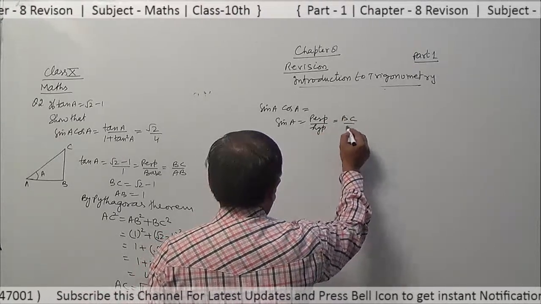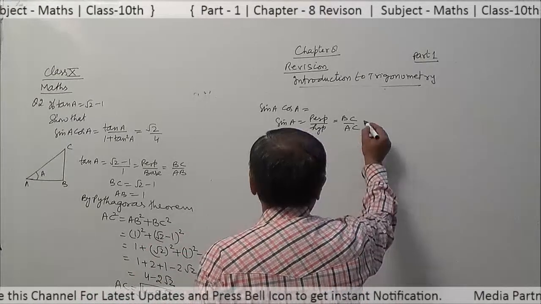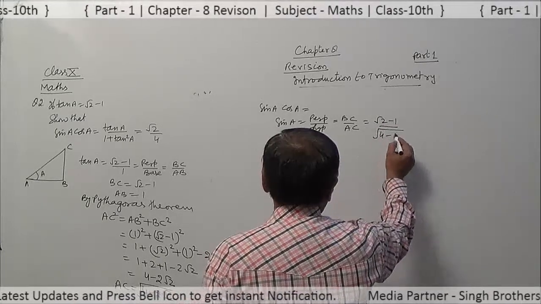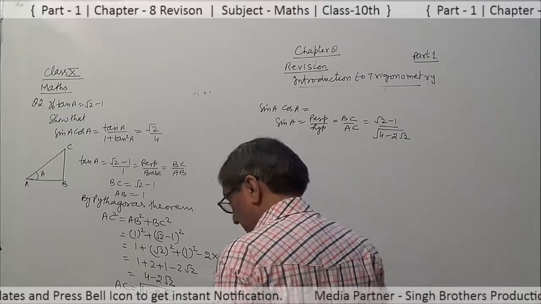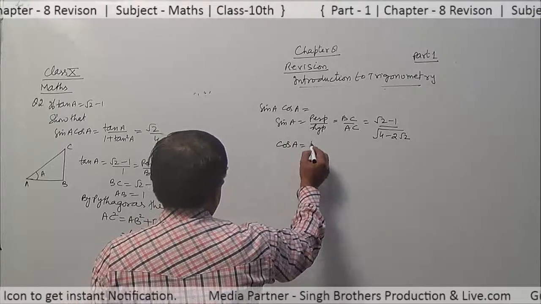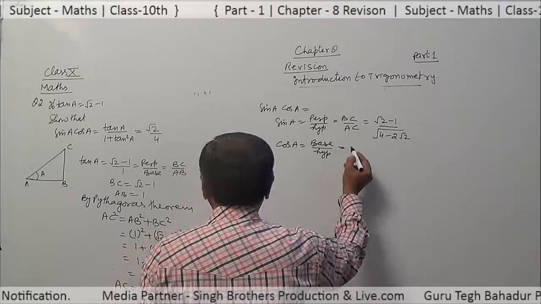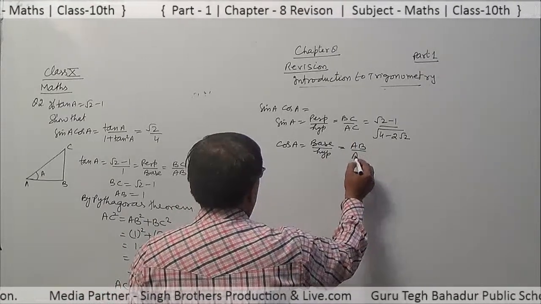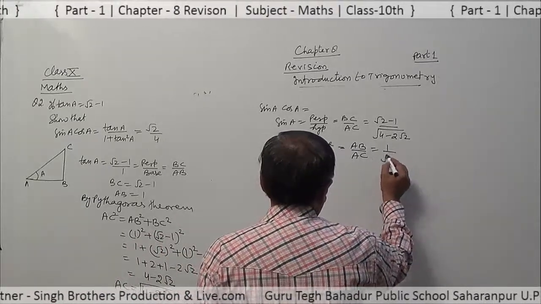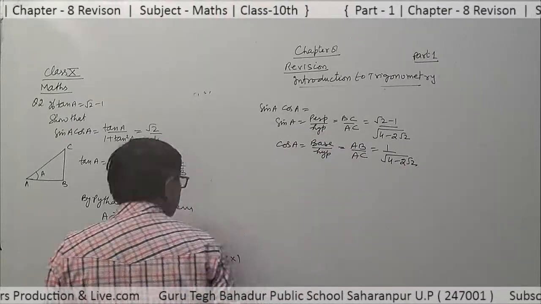Perpendicular is BC, hypotenuse is AC. BC is root 2 minus 1, AC is root of 4 minus 2 root 2. Cos A, base upon hypotenuse, base is AB, hypotenuse is AC, AB is 1 upon root 4 minus 2 root 2.